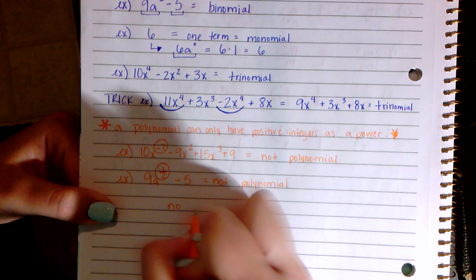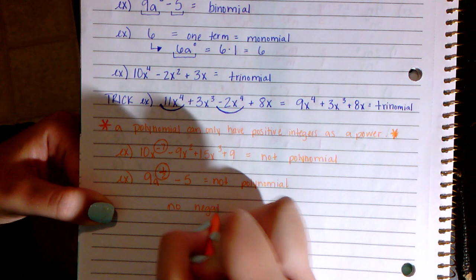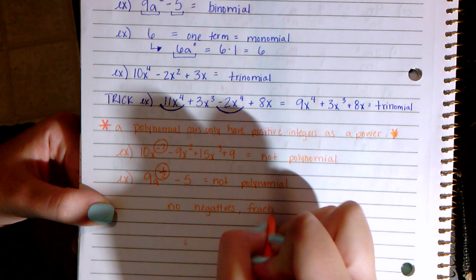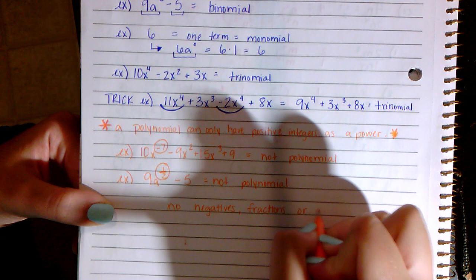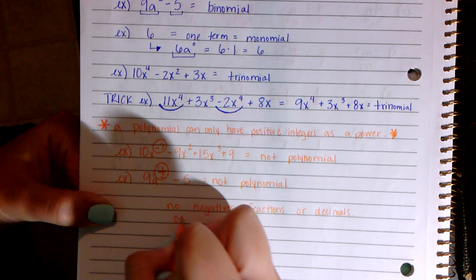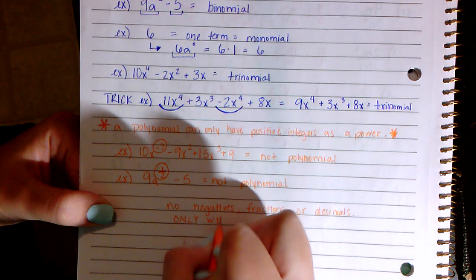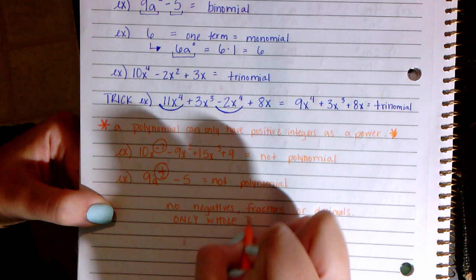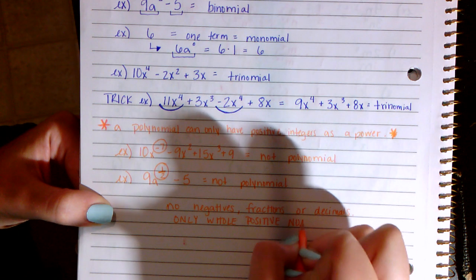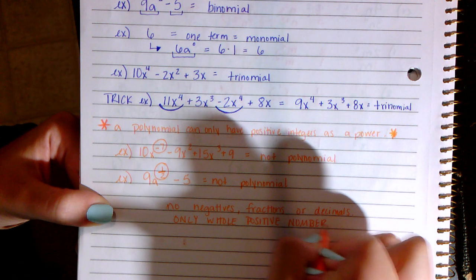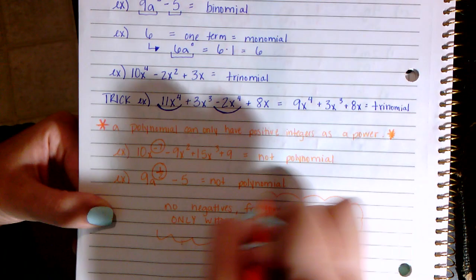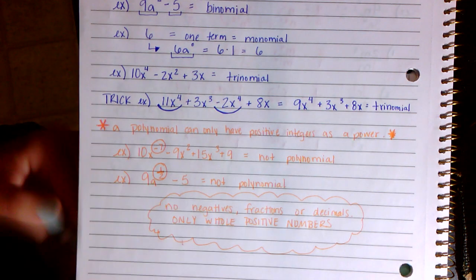So, no negatives, fractions, or decimals. Only whole positive numbers. And I want you to bubble that or write a circle around that or box that or something.